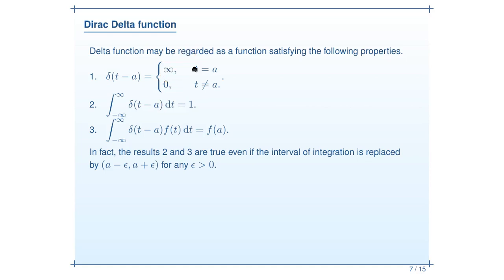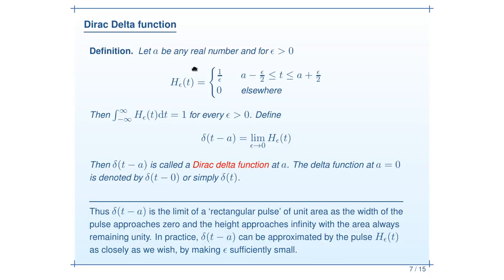For that we use a limiting mechanism to define the Dirac delta function. This is how we define a Dirac delta. This is a pulse whose width extends from a minus epsilon by 2 to a plus epsilon by 2. So it is a small interval of length epsilon, and in that small interval it has value 1 by epsilon and 0 elsewhere.